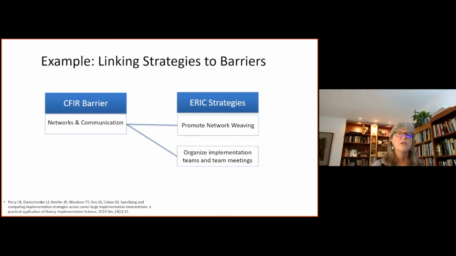But I'm just going to touch on an example. So in our TLC evaluation, we found that networks and communications was really important. Two ERIC strategies that had a pretty high degree of endorsement and agreement were to promote network weaving, which is a very high level strategy to basically build those relationships.